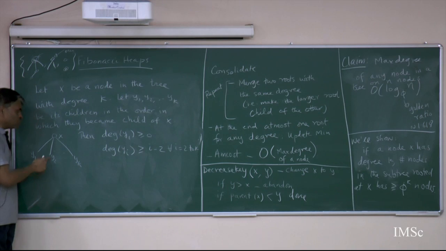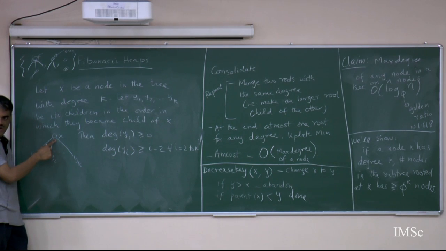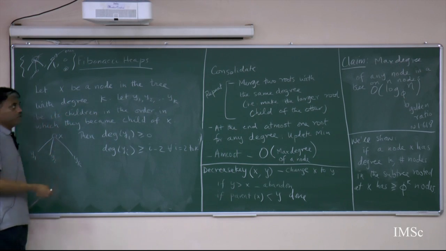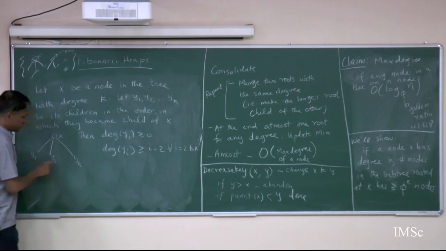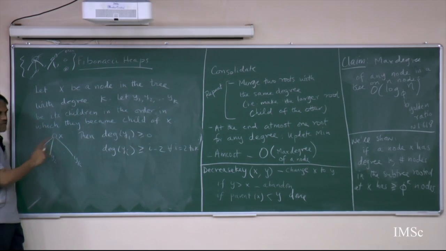So why did y2 become a child of x? What was y2's degree at that time? It must have been the same as the degree of x at that time, right? Because why did you merge? You merged two roots with the same degree. So y2 at that time, when it became a child of x, its degree must have been at least 1.